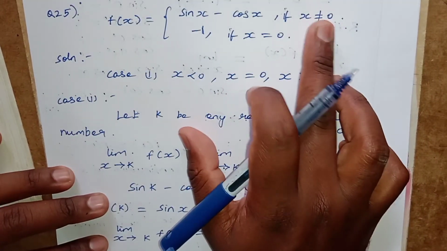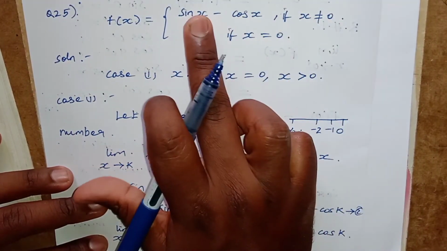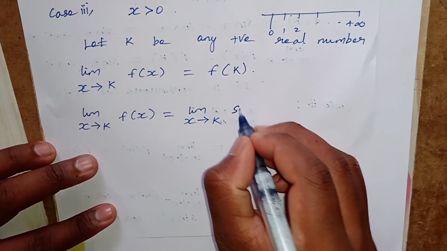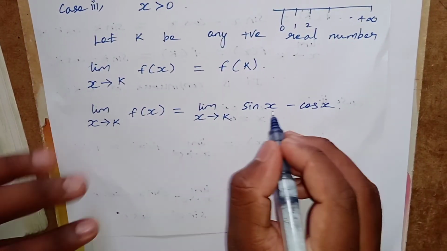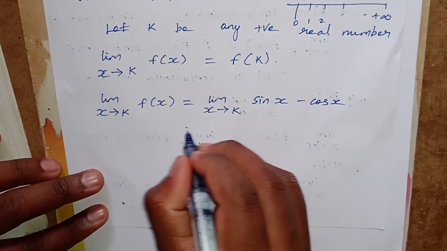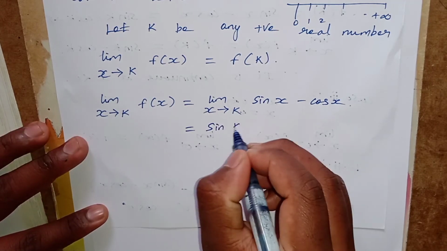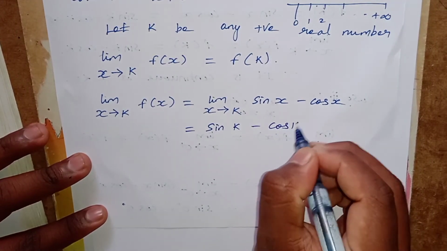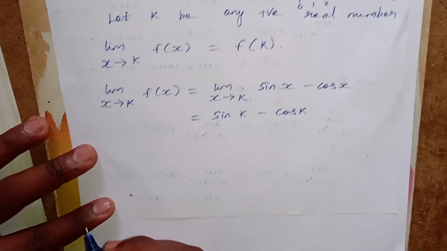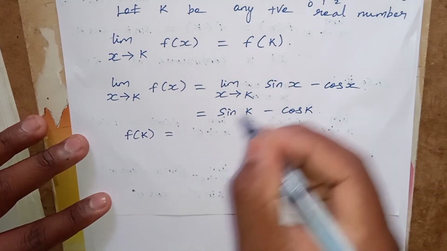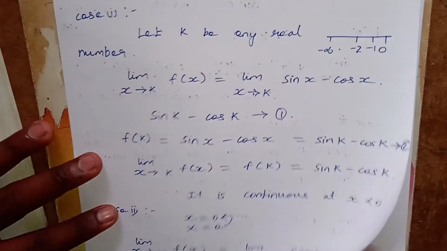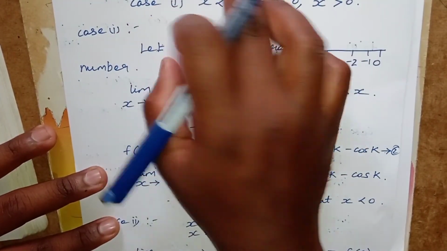Therefore we take sin x minus cos x. In the place of x you substitute k. Therefore sin k minus cos k. Next, f of k. Here you take the same function at the point.